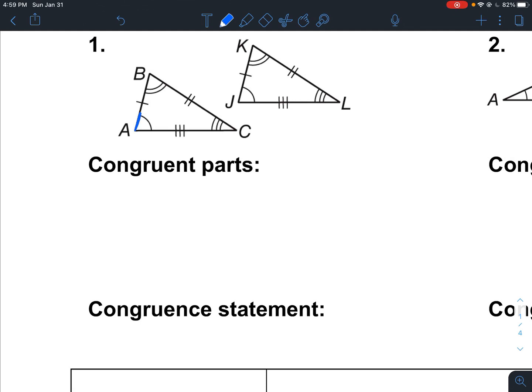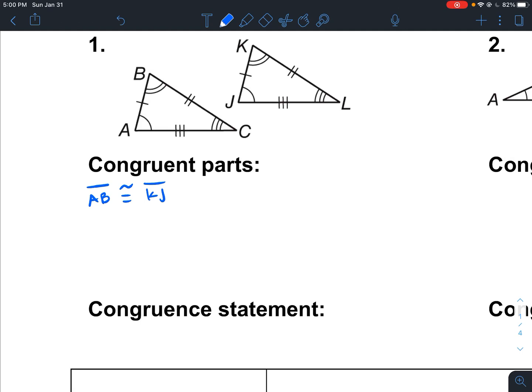This line right here is congruent with this line right here because you have a mark signaling that they are both congruent. So we write AB with a bar above it to signal that it is a line segment. Line segment AB is congruent with line segment KJ. Now see if you can find the rest of the congruent line segments.